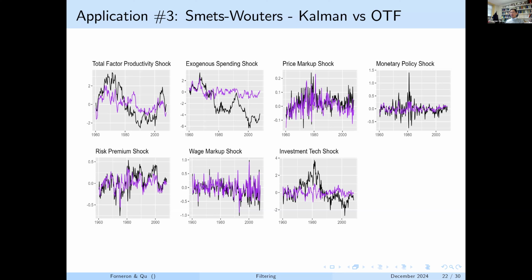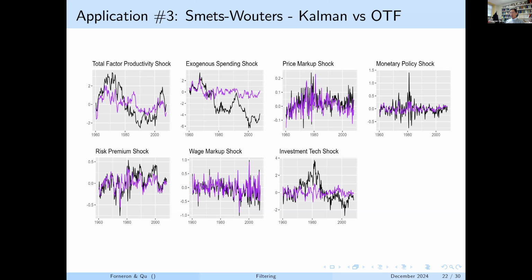And also, if you look at the monetary policy shock, the Kalman filter produces wild oscillations near 1980. Again, that's kind of hard to interpret because that period is supposed to be associated with monetary policy tightening, not violent oscillations in monetary policy shocks.